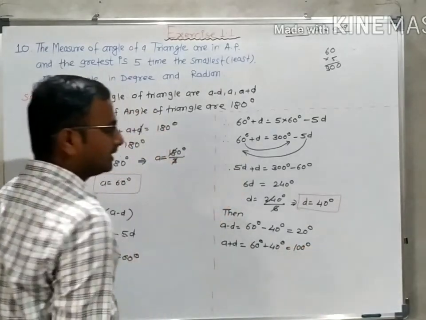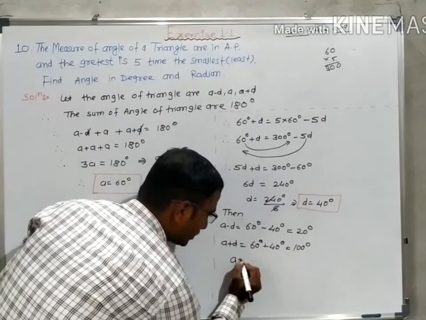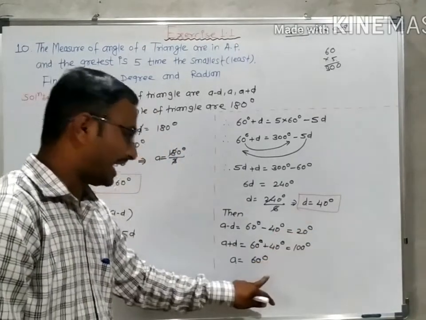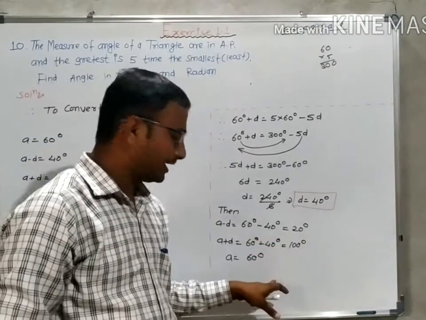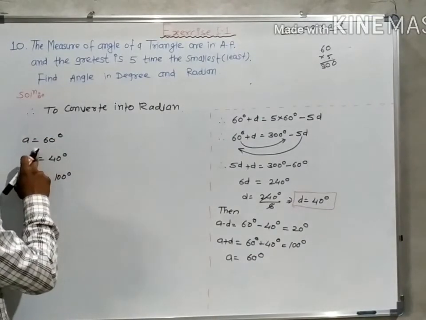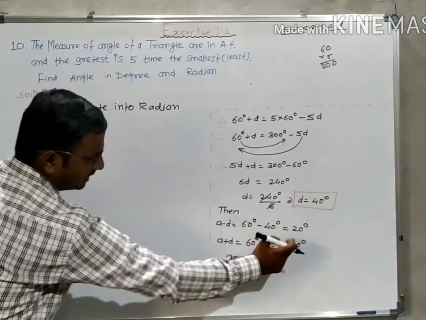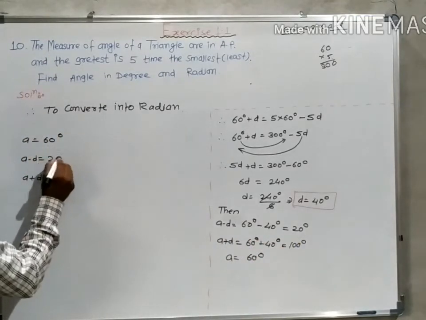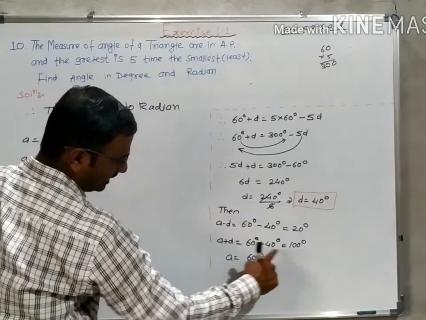Now to convert all the angles into radian. A is equal to 60 degree, a minus d is 20 degree, and a plus d is 100 degree.